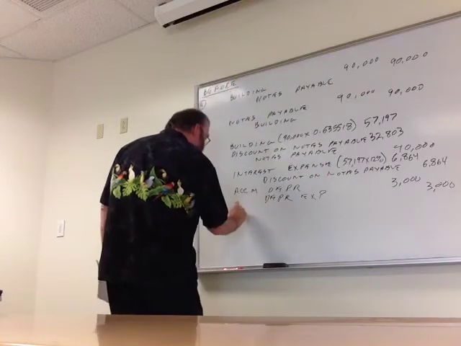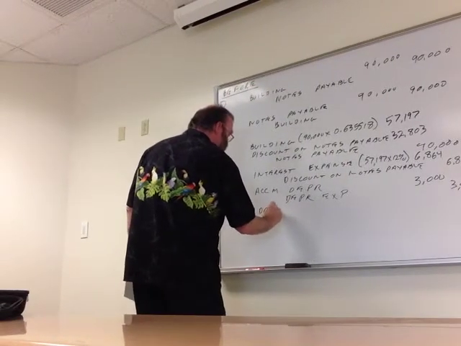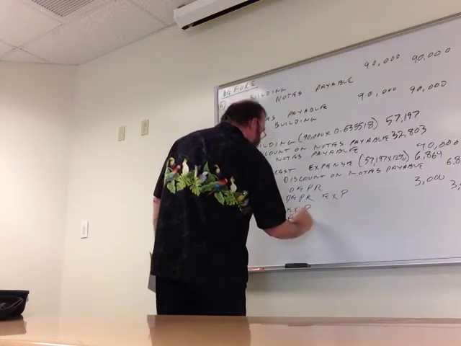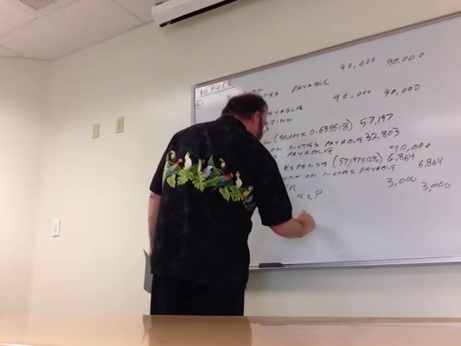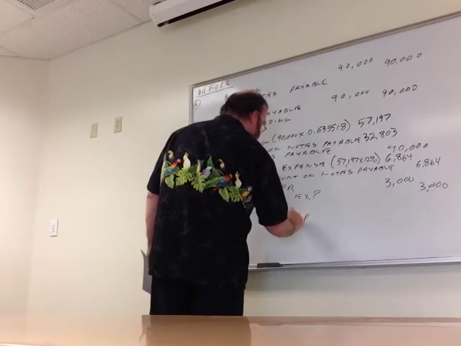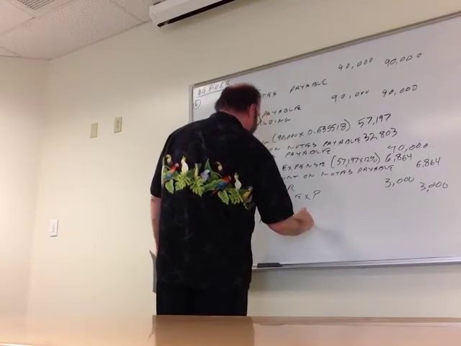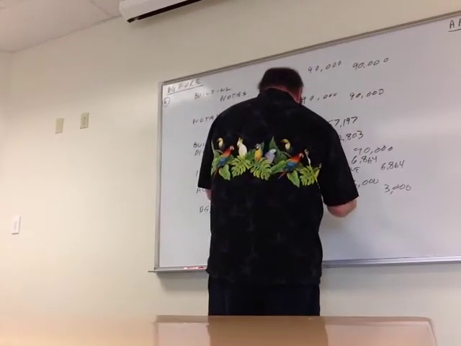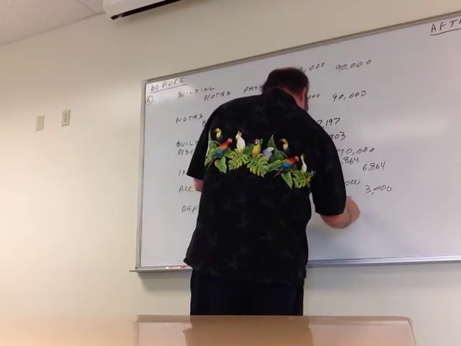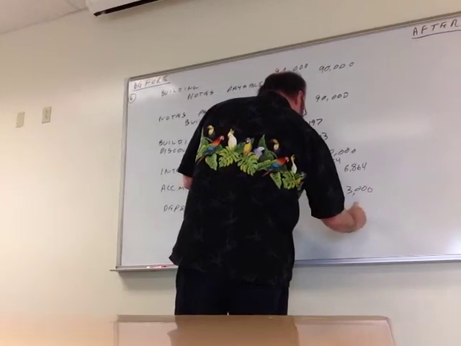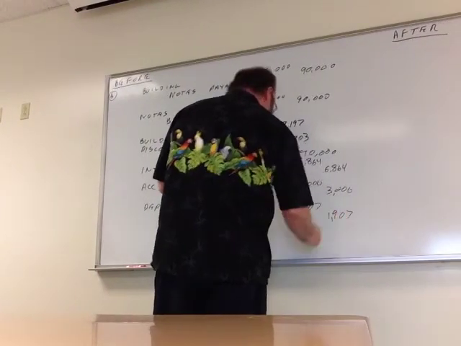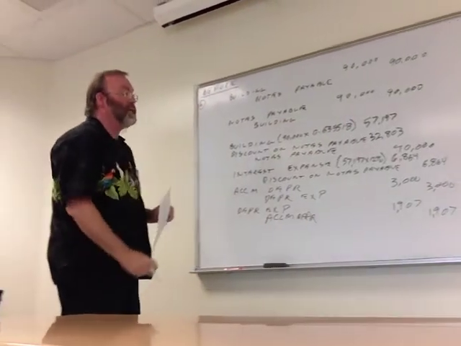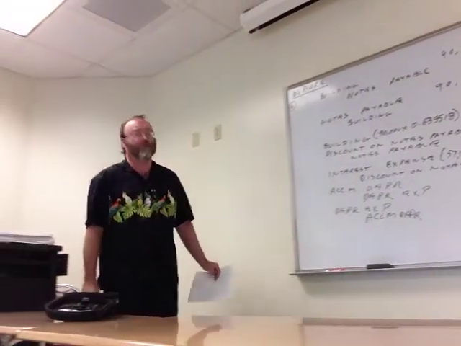And then the correct one would be debit depreciation expense, credit accumulated depreciation, by 1,907. And that's the 57,197 divided by 30.